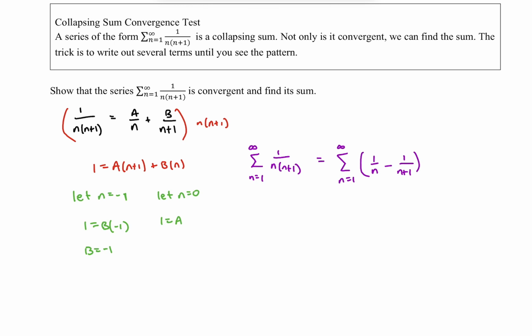Okay, so I'm going to list out some terms now using our new series formula. So if n is 1, we get 1 minus 1 over 2. And I'm not going to combine those terms because you'll be able to see the collapse if we do it this way. So that's our first term, n is 1. If n is 2, I get 1/2 minus 1/3.